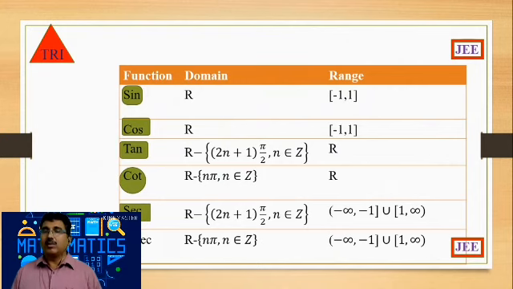The domain of cot and cosecant is the same. That is the set of all real numbers except the numbers of the form n pi, where n belongs to Z. And the ranges: for tan and cot, the range is the set of all real numbers, and the range of secant and cosecant is the same.